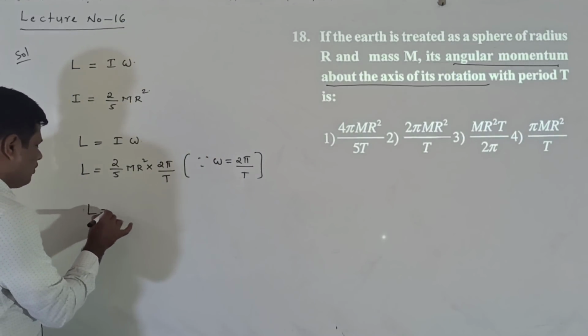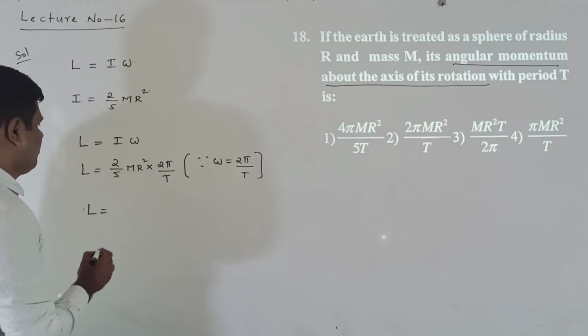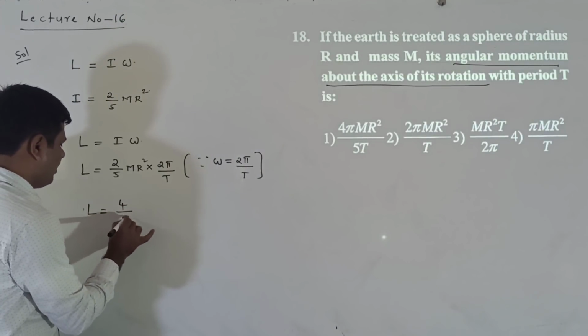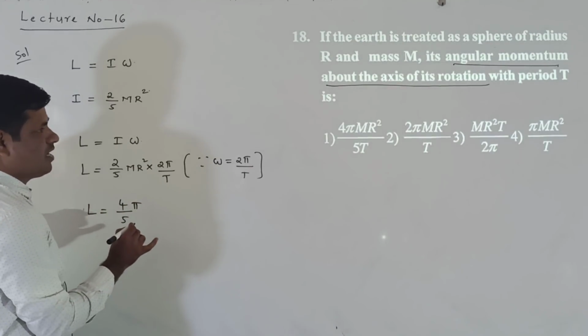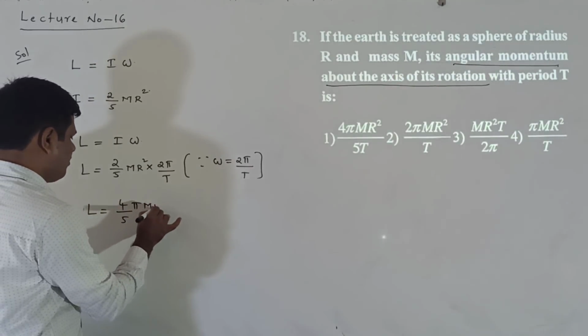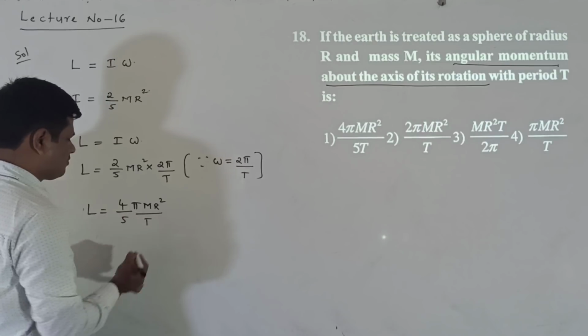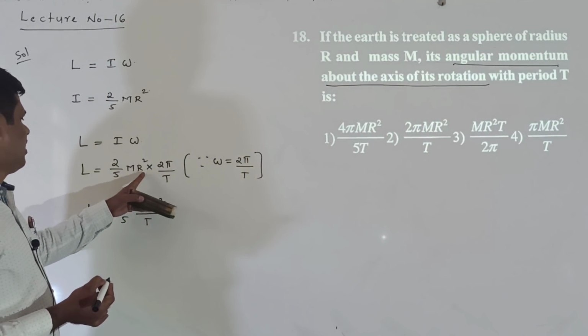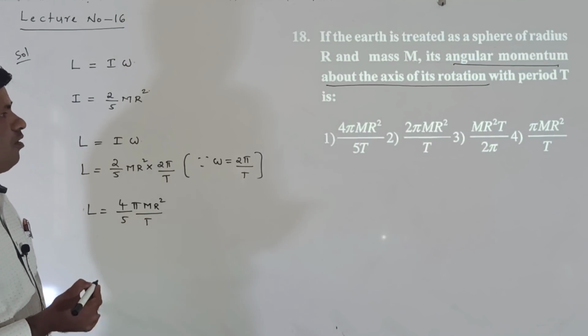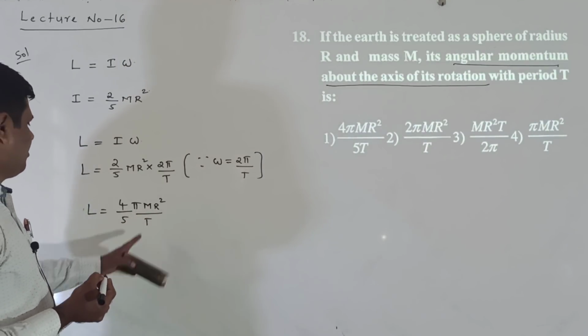Now L is equal to 4 by 5 pi mr square by T.